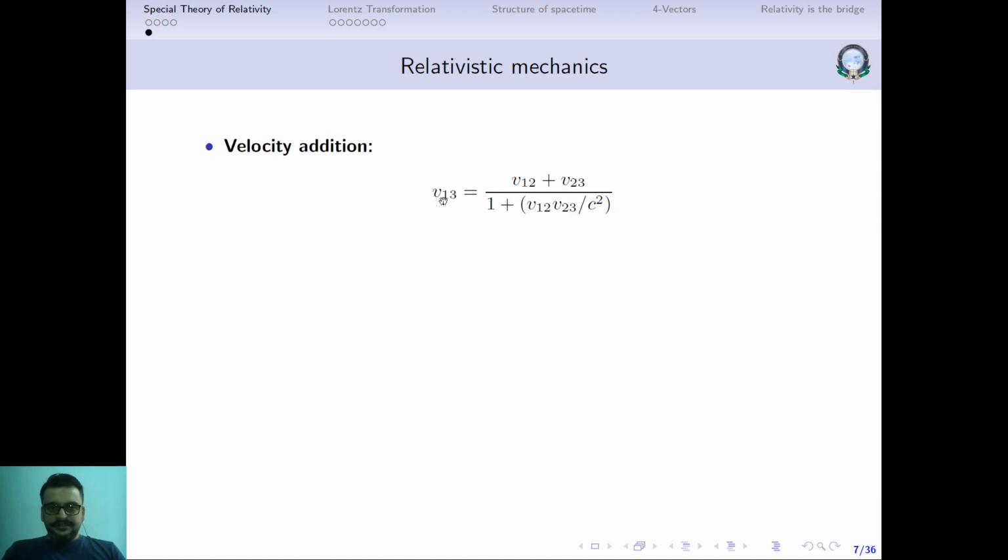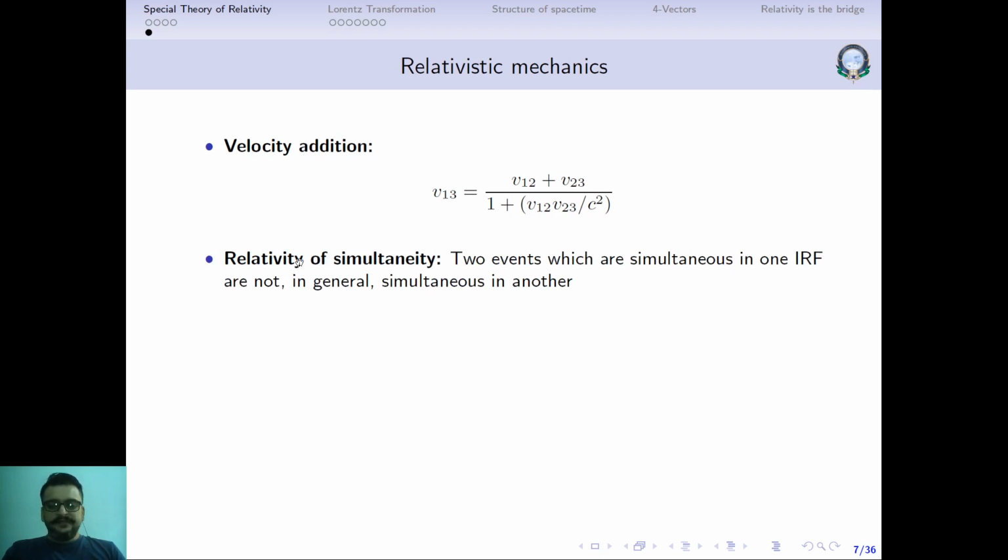So v13, the velocity of the first moving body with respect to the third moving body, is equal to the velocity of the first moving body with respect to the ground plus the velocity of the ground with respect to the third moving body, divided by 1 plus the product of these two velocities divided by c squared. This is your velocity addition equation. In our ordinary case, this quantity becomes almost zero. As a result, it gives us that familiar equation we learned in high school, that is v13 equals v12 plus v23.